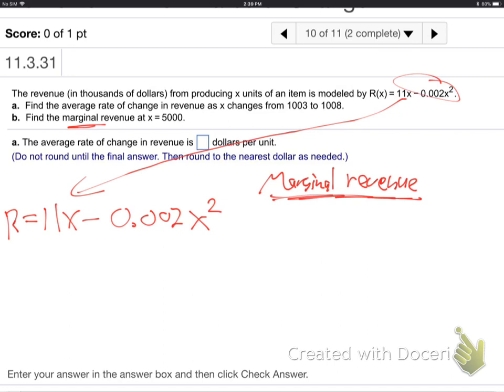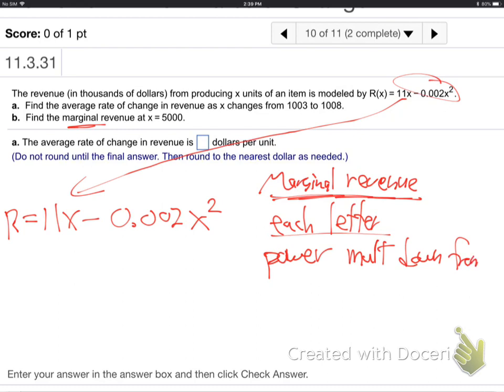All right, I should have got here quicker to explain that better. Marginal revenue, you got to do the following thing. For each letter, the power multiplies down to the front, then subtract 1 from the power.